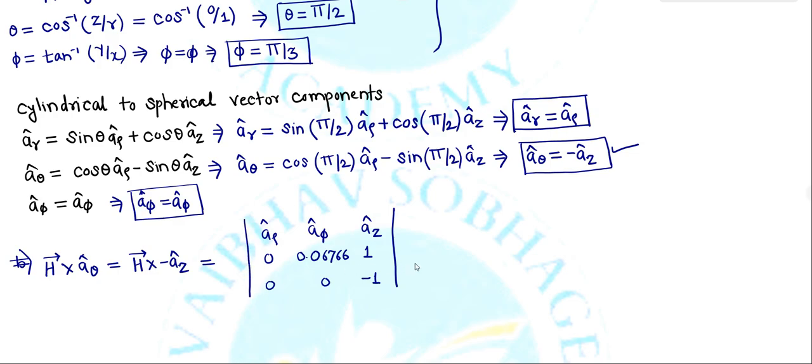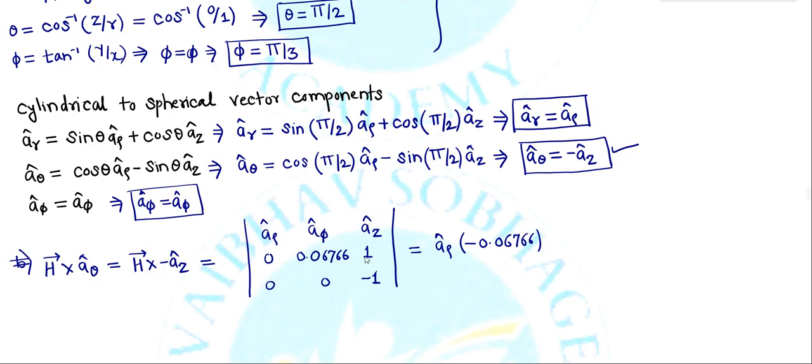Now take the cross product. You can refer to my previous videos on how we have taken that cross product. So this a rho will be as it is. So the cross product between this 0.06766 multiplied by this minus 1, that value will be minus 0.06766.